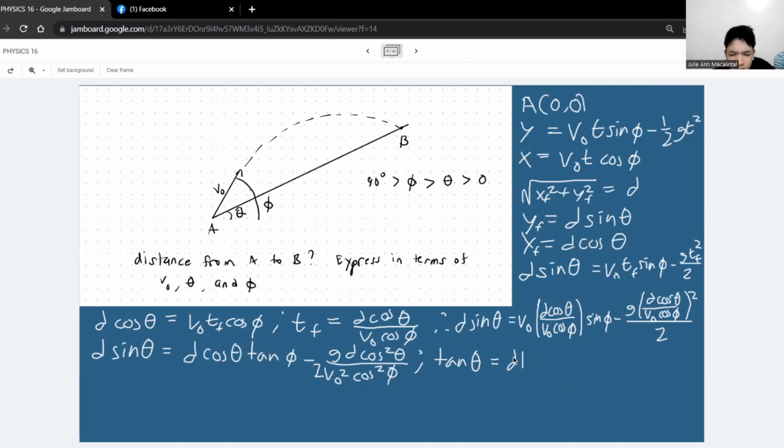So plus D times cosine phi sine theta minus sine phi cosine theta over cosine phi is equal to 0.